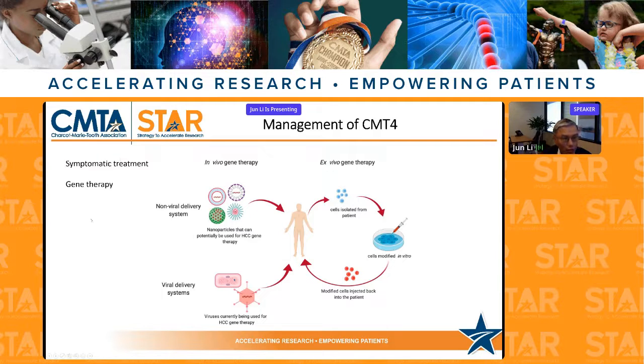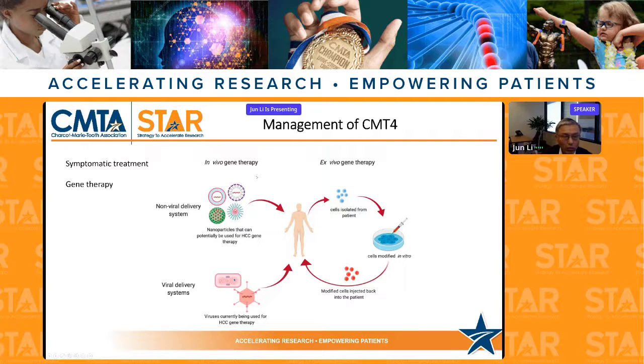With the advance of molecular genetics, there is now a rapid evolution of gene therapy. The concept of gene therapy is to replace the lost gene product. We just introduced the loss of function of the gene mutation in CMT type 4, so it makes sense to bring that gene product back to the human body.